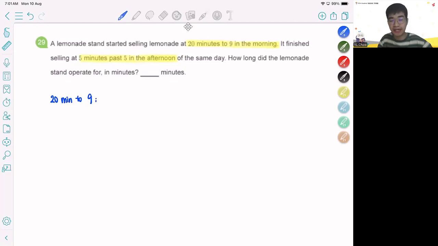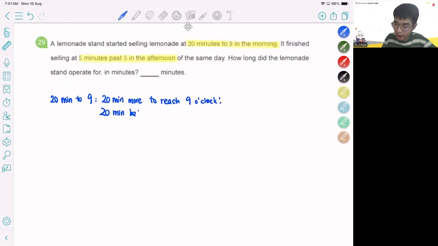Instead of our usual 8:10, 8:30, etc. 20 minutes to 9 means that we are almost reaching 9 o'clock, but we still need 20 minutes more to reach 9 o'clock, right? In other words, it is 20 minutes before 9 o'clock.